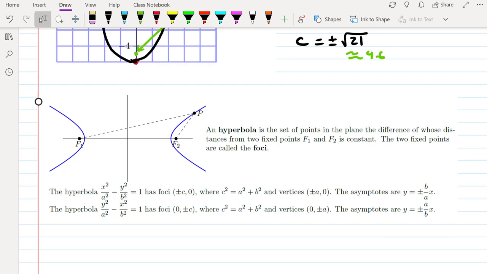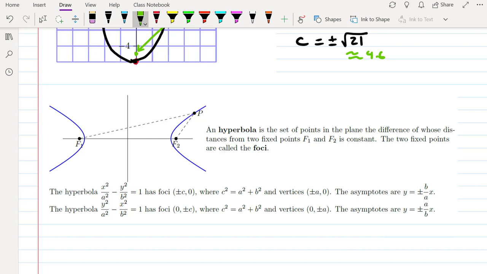Well, a hyperbola is similar, but a little bit different. The hyperbola is the set of points in the plane whose difference, so instead of the sum, the difference, of whose distances from two fixed points, f1 and f2, is constant. And once again, the two fixed points are called the foci.